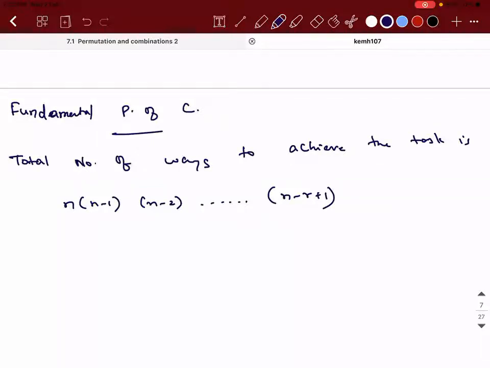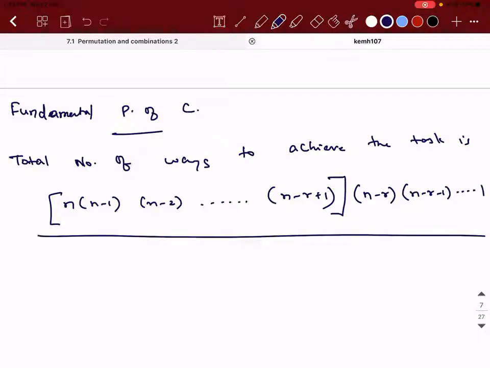Now the next question is, what will be the term after n minus R plus 1? Here it will be n minus R minus 1. Can I write it till 1? But this is an extra part that I'm writing, so I will compensate with that in the denominator. Correct?